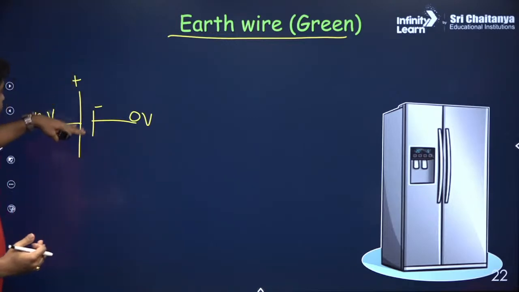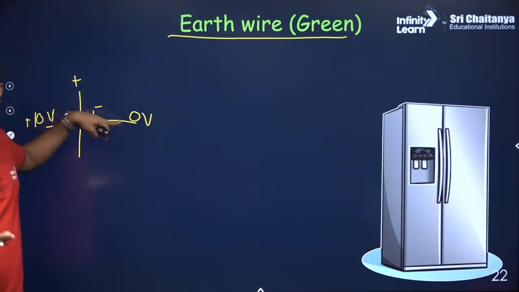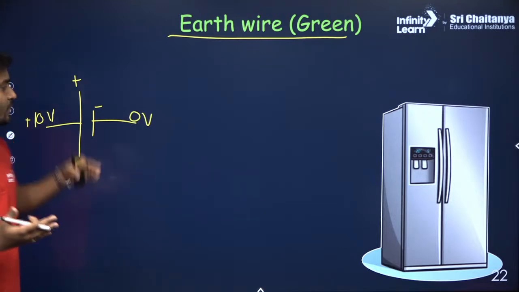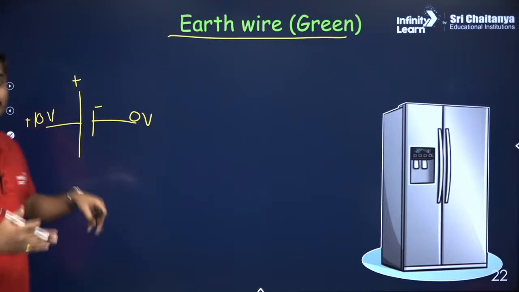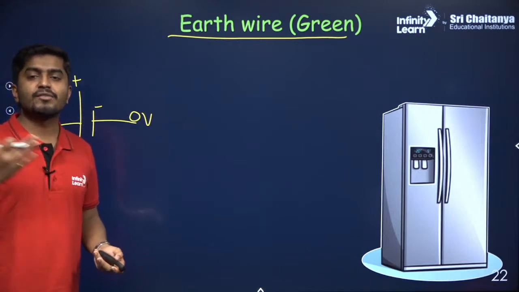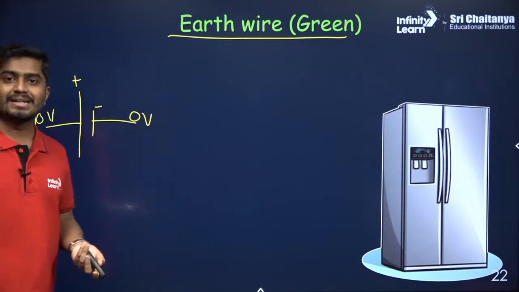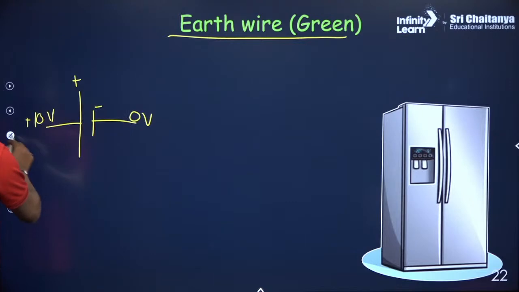So 0 volt is also negative. These are relative terms: positive means higher potential, negative means lower potential. In case of the neutral wire, it is at a lower potential, so that is why sometimes it is written as negative. That is not incorrect.